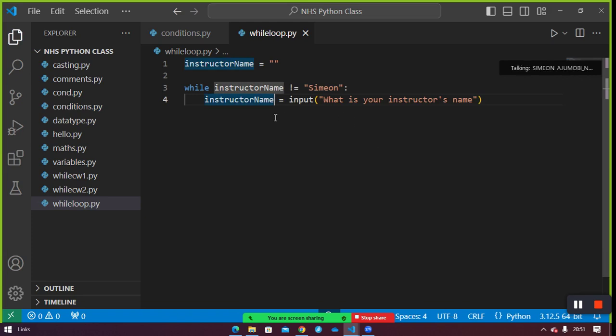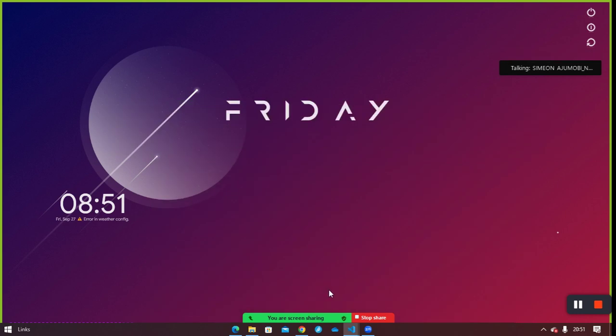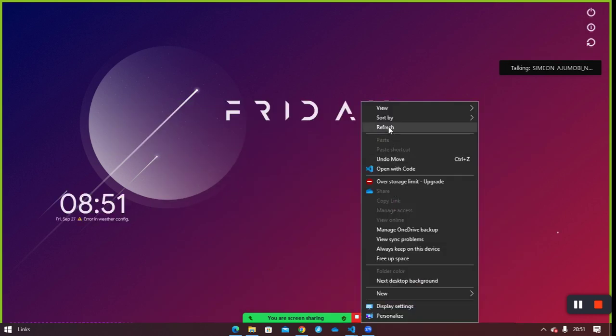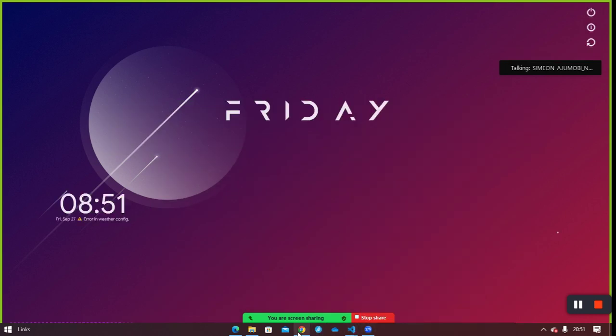I get it now. This is exactly what I want to explain. Now, this is a while loop statement. If we run this program just once, it will stop. But that is not where I want to go right now. I just want to test this one out before I explain it.